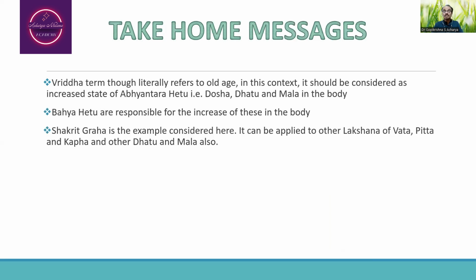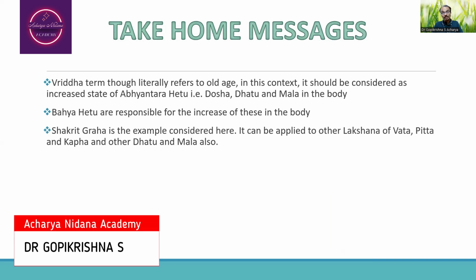The take-home messages from today's discussion: Vriddha dosha is considered to be the increased state of dosha, dhatu and mala, otherwise, the increased state of Abhyantara Hetu. The literal meaning of Vriddha in Sanskrit is old age, but here, contextually, it is the increased state of Abhyantara Hetu.